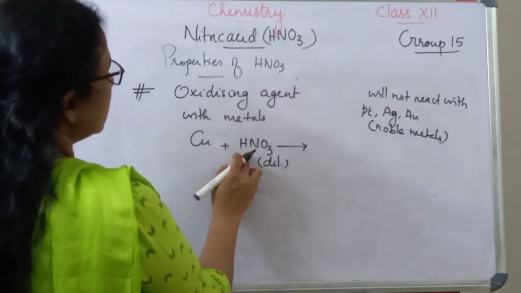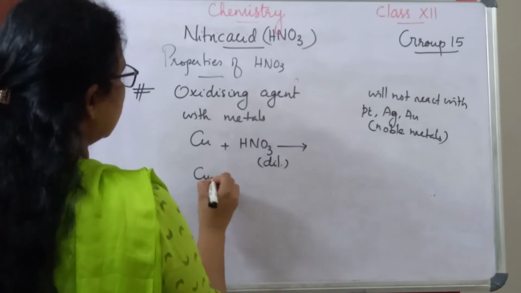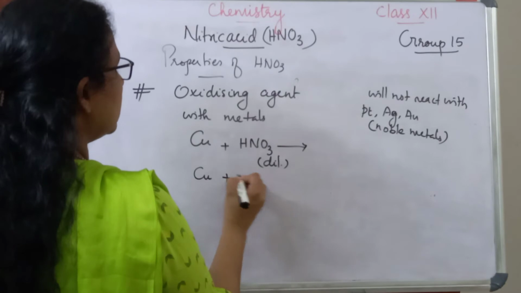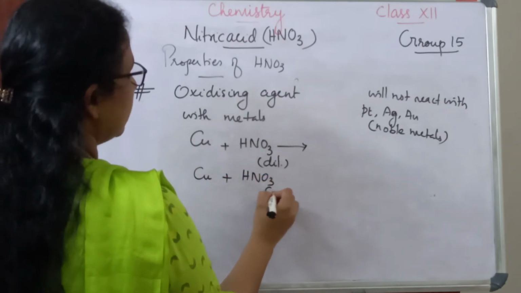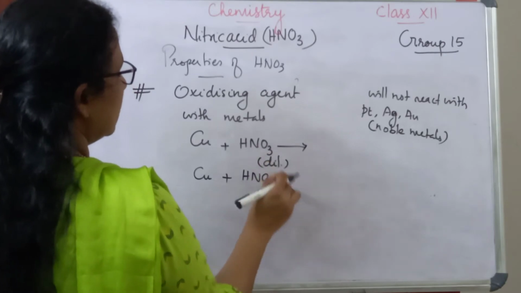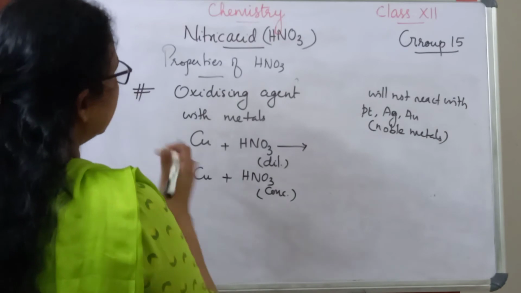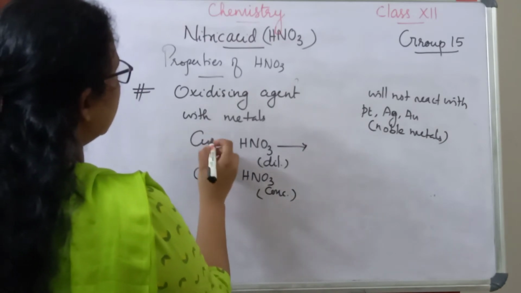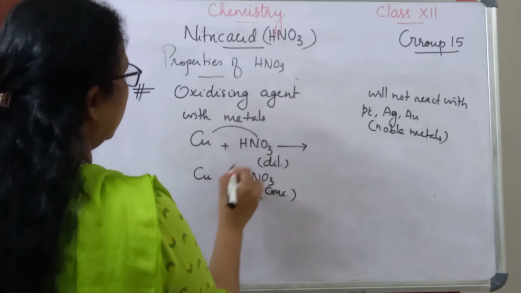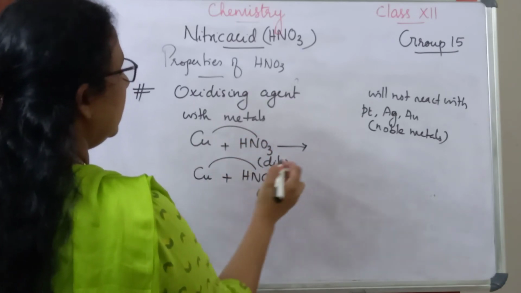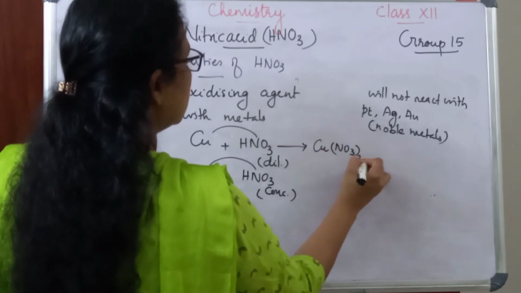In the first case we can use copper with dilute HNO3, and in the second case we can use copper with concentrated HNO3. In both cases the products are different. In the first case we can write the salt first. It will be copper nitrate, Cu(NO3)2.